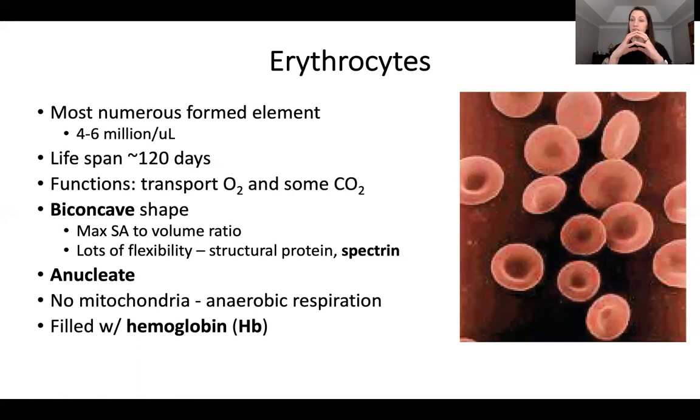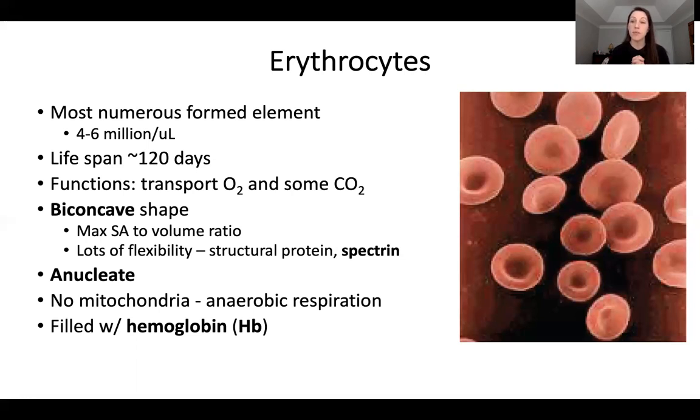It would be more difficult to get oxygen into and out of that cell because it's got to travel across all of the internal volume of the cell. In the case of a biconcave shape like this, you've got all that external surface area, essentially the same surface area you would have if it were a sphere, only it's shaped like a biconcave disc. So the internal environment or the volume of the cell is much, much smaller than you would see if it were spherical. So it's effective for gas diffusion into and out of the red blood cell.